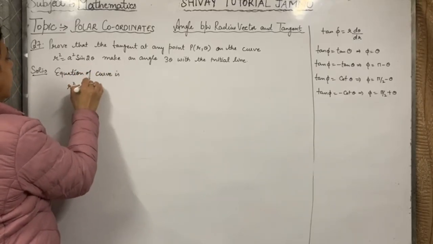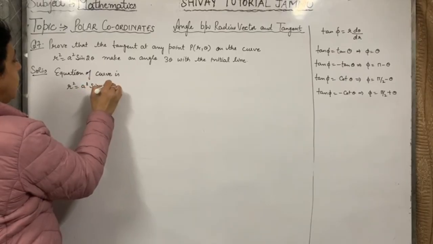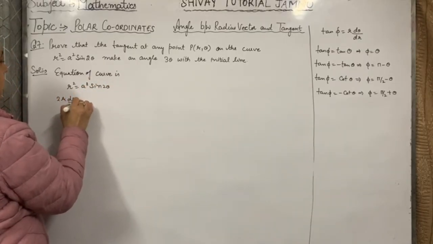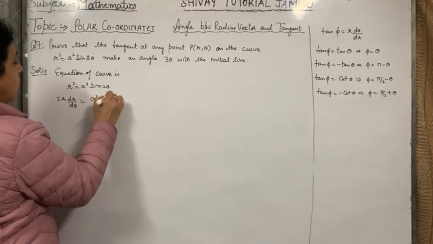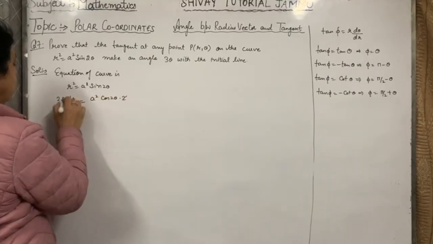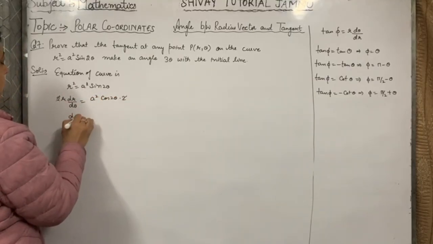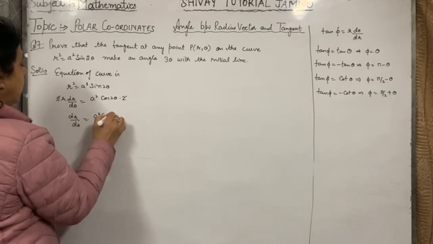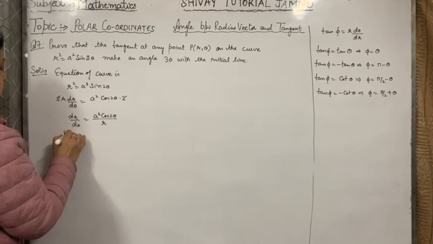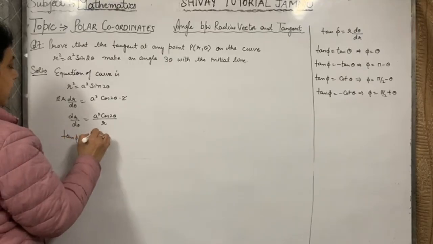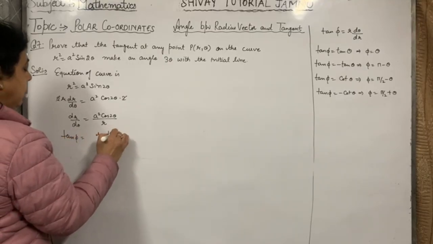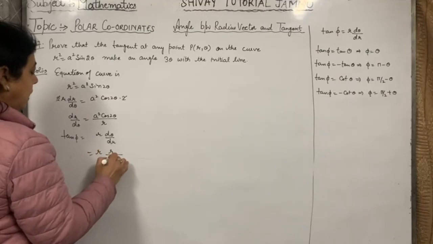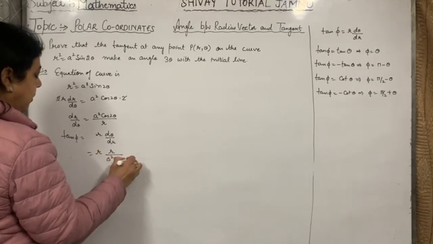r square is a square sin 2 theta. Twice r dr by d theta is a square cos 2 theta into 2, 2 to cancel. Dr by d theta will be a square cos 2 theta upon r. What is tan phi? Tan phi is r d theta by dr. R upon a square cos 2 theta.